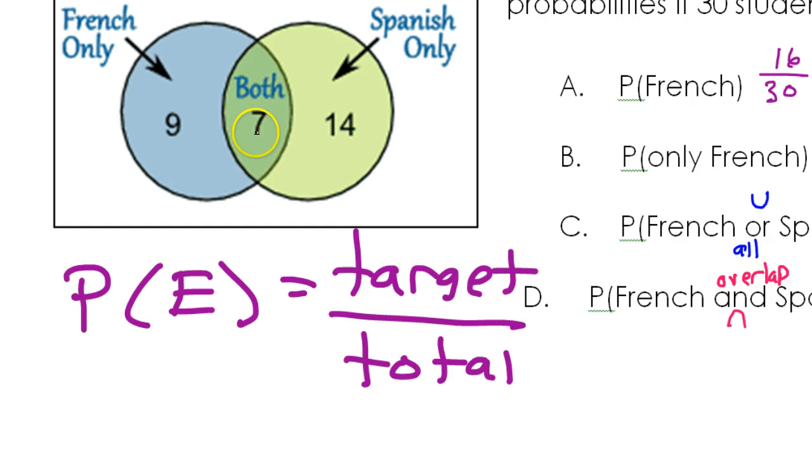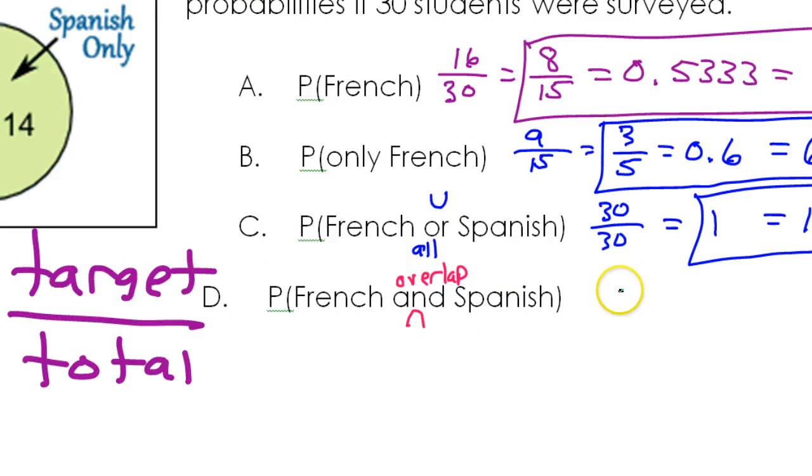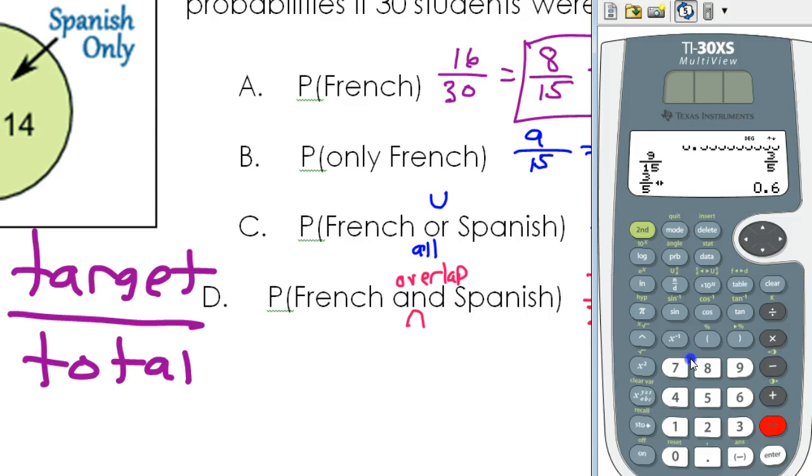So 7 is the target. So 7 over 30, target over total. 7 is a prime number, so that will not reduce.